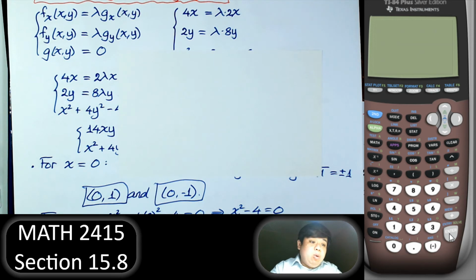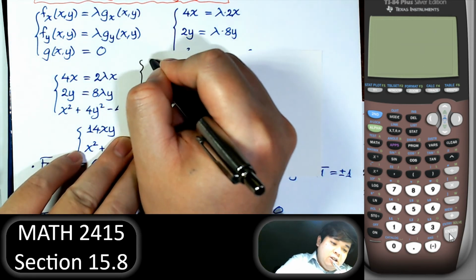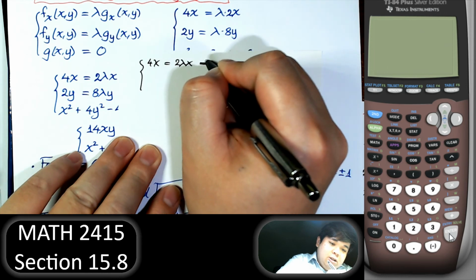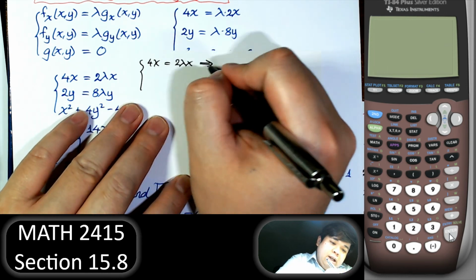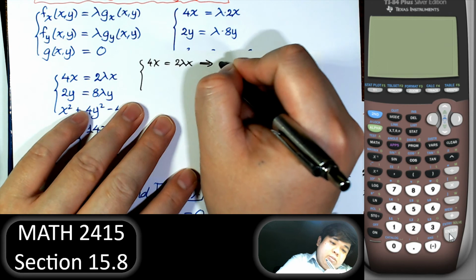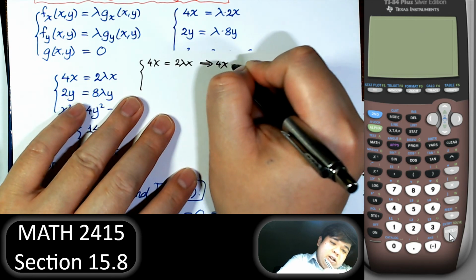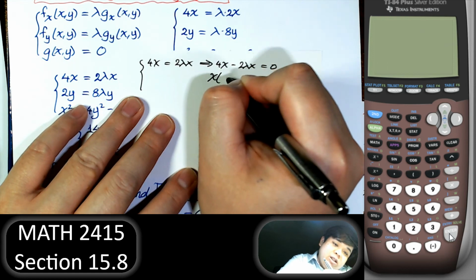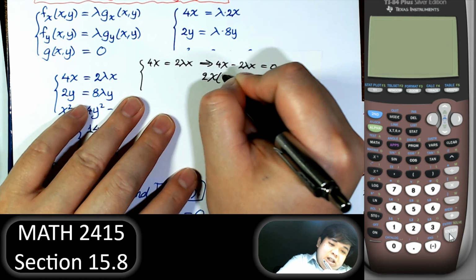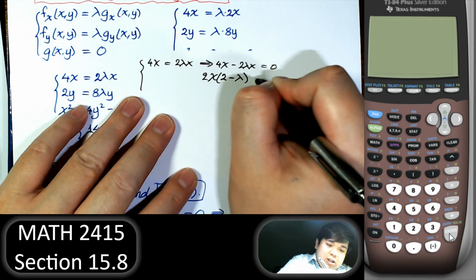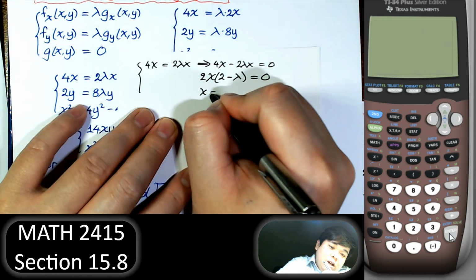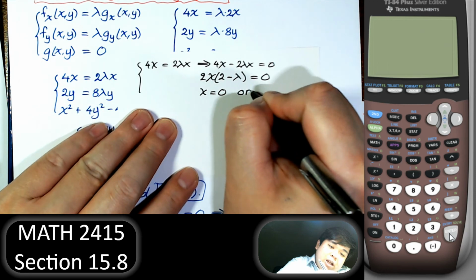If we want to, we can solve like this. From this one, we can pull out on both sides and factor. We can factor out 2x. So either we have x equal to 0 or lambda equal to 2.